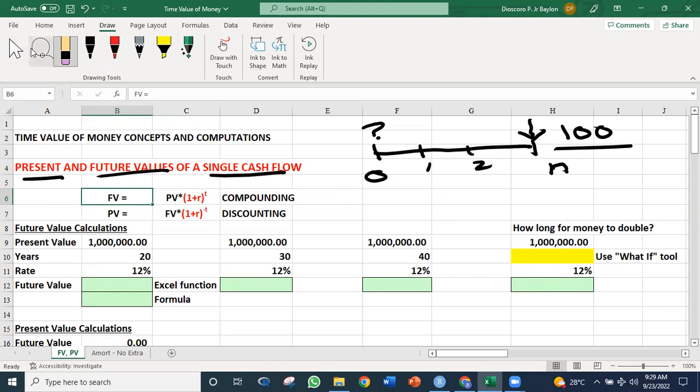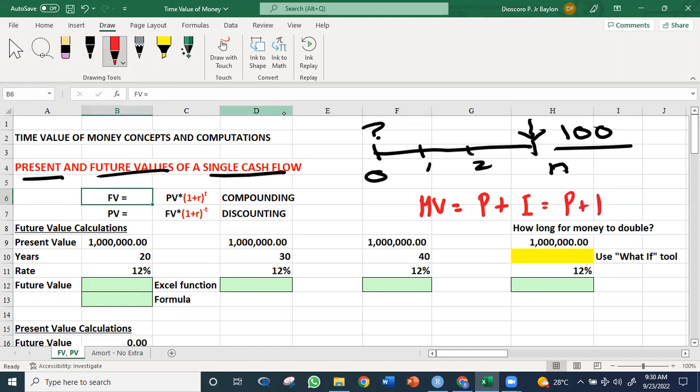This is different from what we have been doing before, where to compute for the maturity value for the simple interest, we use the formula: maturity value is equal to the principal plus the interest, which is equal to principal plus principal times rate times time.